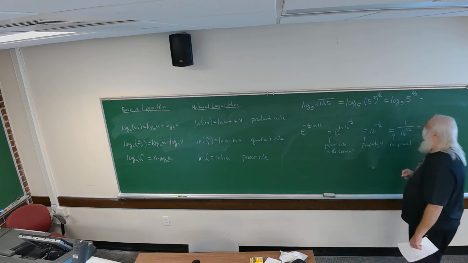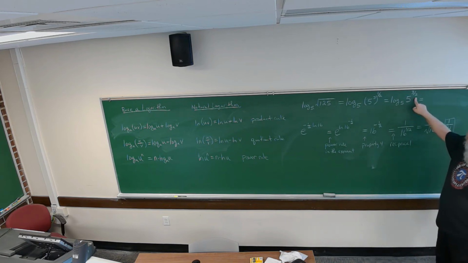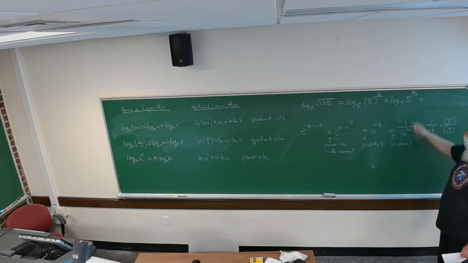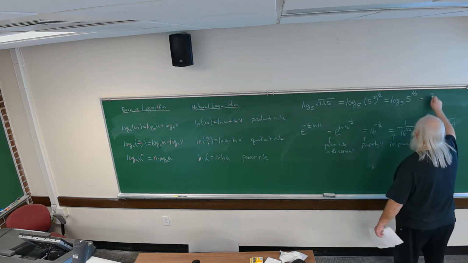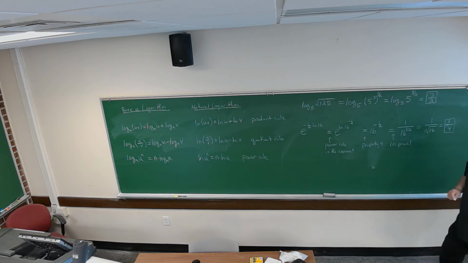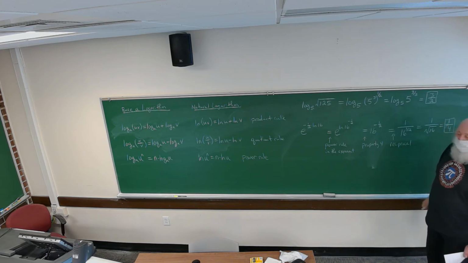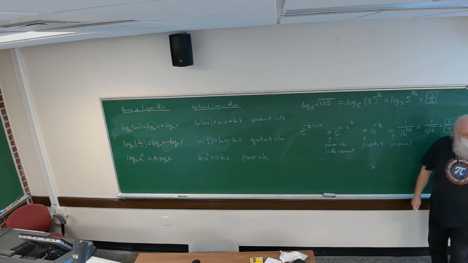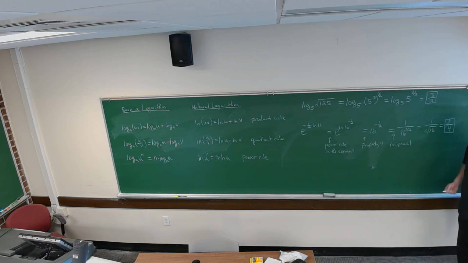Now, if you wanted to, you could use the power rule and bring the 3/2 down from the log, couldn't you? And then log base 5 of 5 is equal to 1. Or you could recognize from these other properties that this is just equal to 3/2. I think the purpose of this example was for us to use the power rule, but it actually takes longer to apply the power rule than to do it this way.